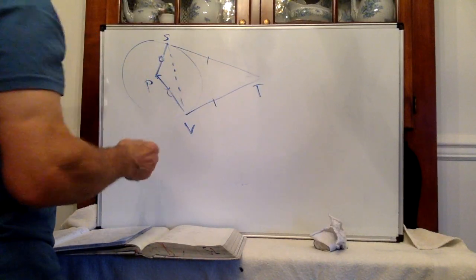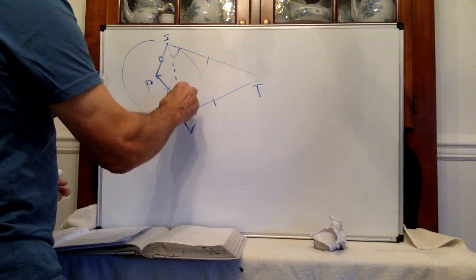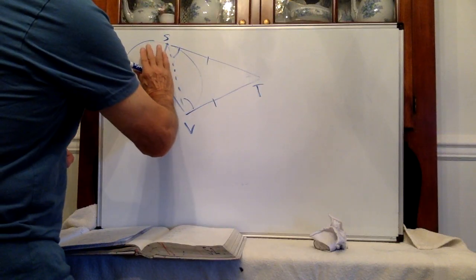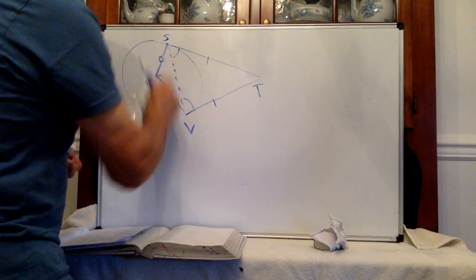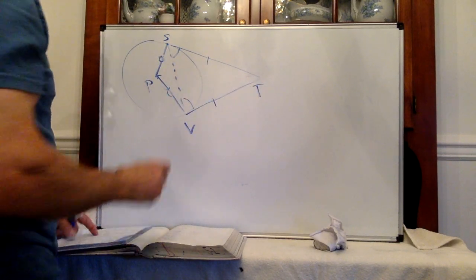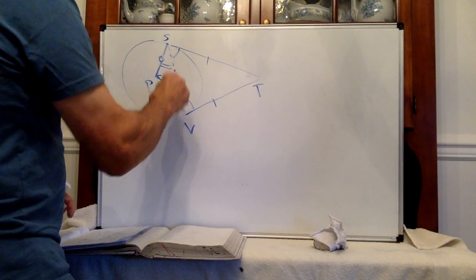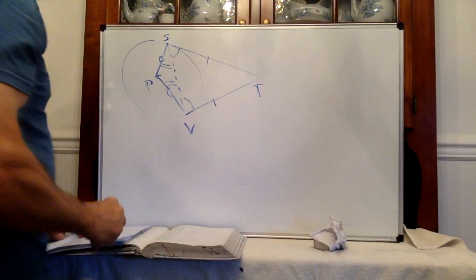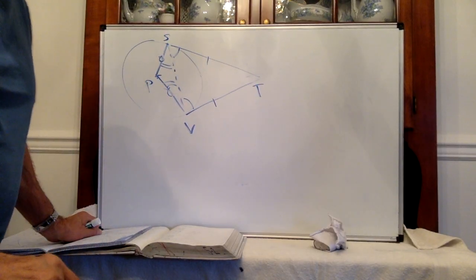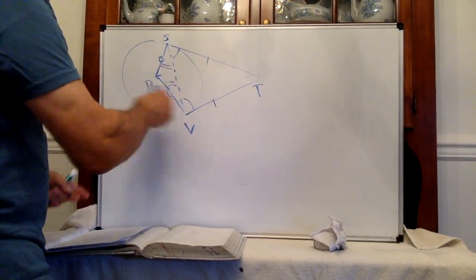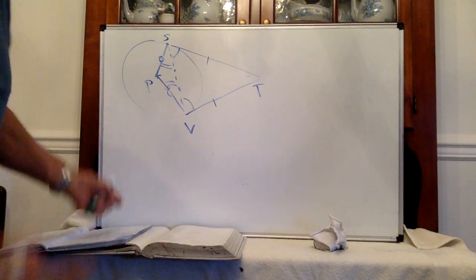Each of these two triangles are isosceles. So I know that and that are congruent in this triangle SVT. They're opposite equal sides. In the little triangle SPV, I've got this angle congruent to this angle. Same reason, isosceles triangle theorem, and then by addition, you can get the big angles congruent.